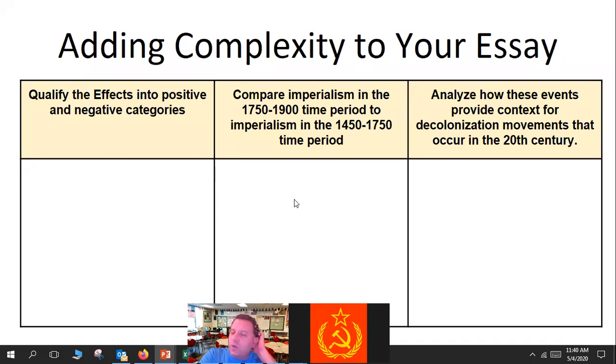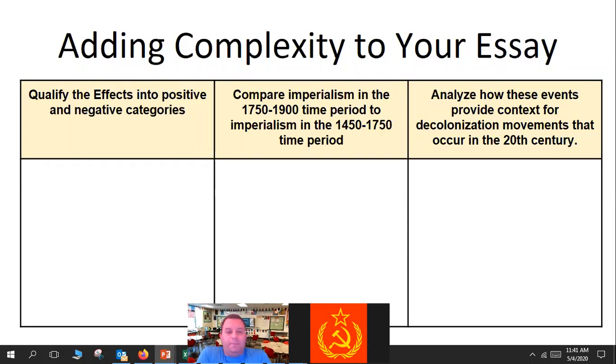If you were thinking about maybe an essay topic about imperialism, and you're in the mood to, or you have the time to go for the complexity point, these are three things that you could do that would help you add complexity to an essay about this. You might talk about the effects of imperialism and qualify them as either being positive or negative.